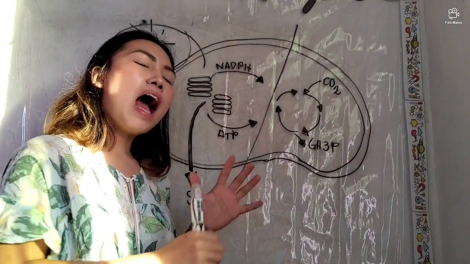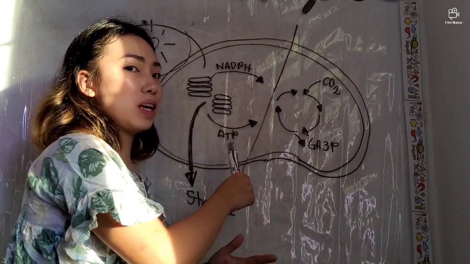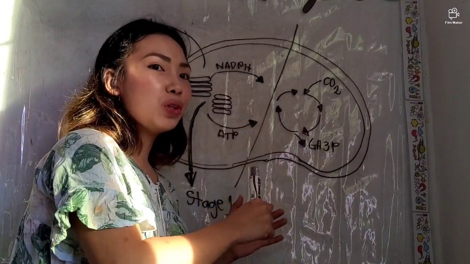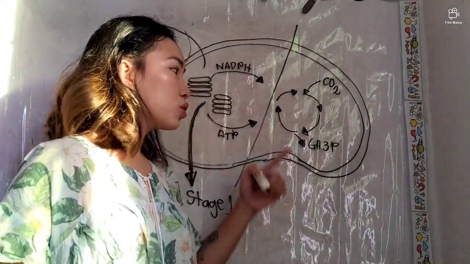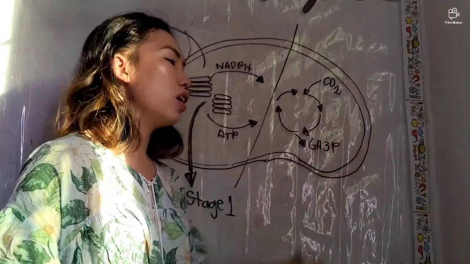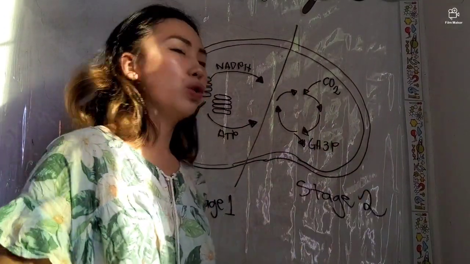NADPH. Now, after they have produced the two, the NADPH and the ATP, gagamitin yun para gumalaw ang ating stage 2. So this side will be our stage 2.